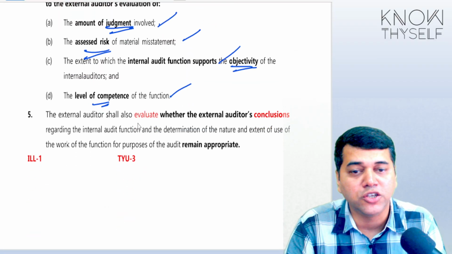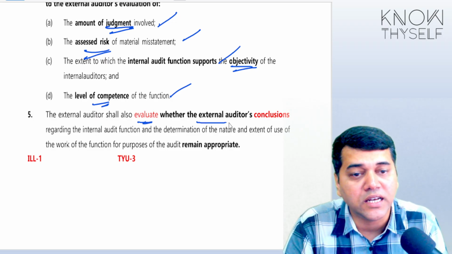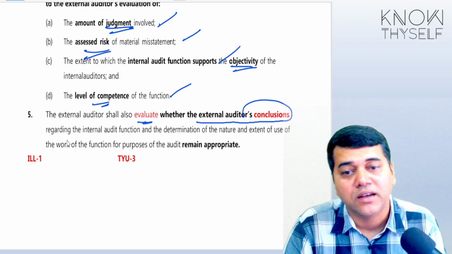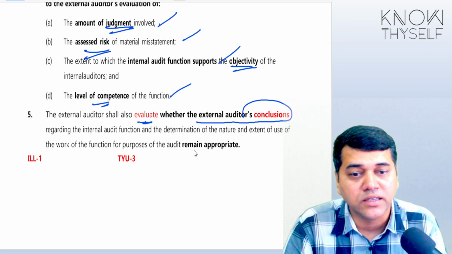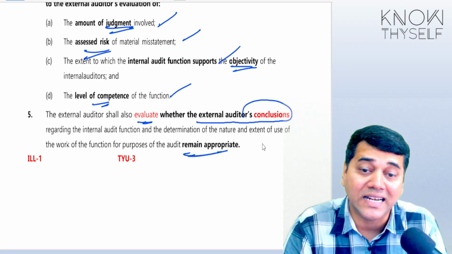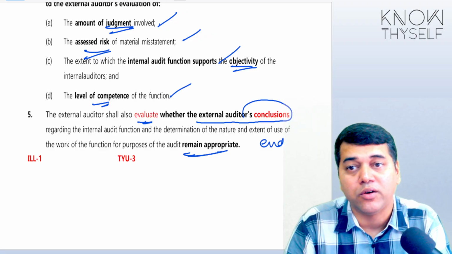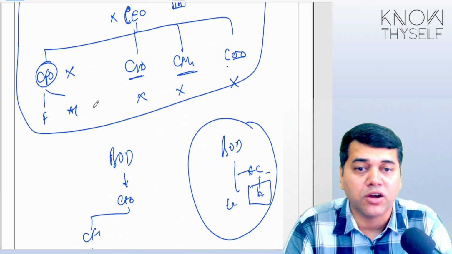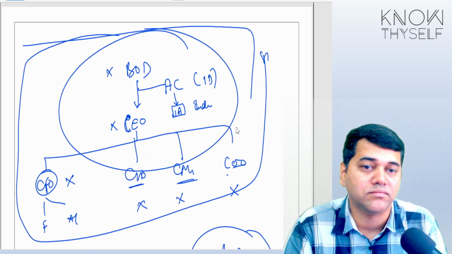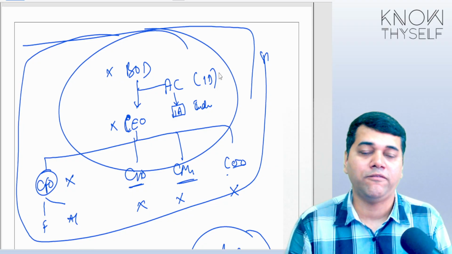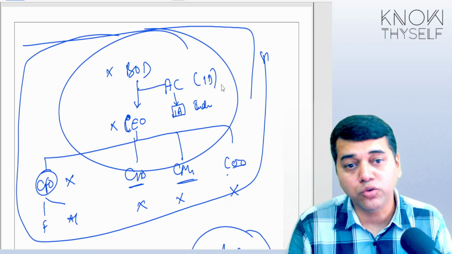And the last thing, you should evaluate whether the external auditor's conclusions regarding the internal audit function remain appropriate at the end. Please understand, you need to evaluate at the end. Why? At the beginning of the year, the organization structure was like this. Then you got fantastic confidence. Then you see who those people are.